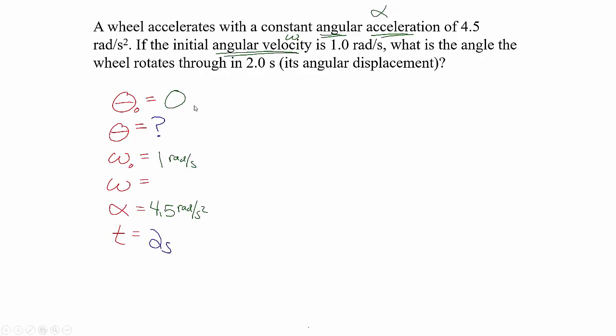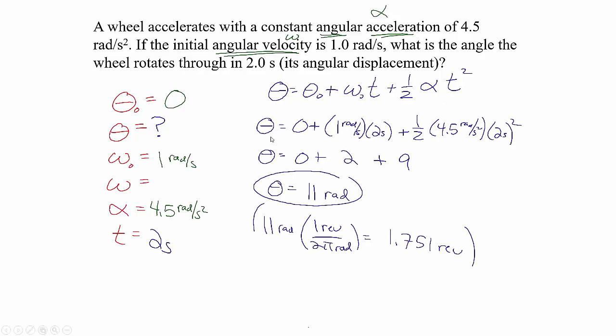So we let the initial angular position be 0. It has an initial angular velocity of 1 radian per second. It has an angular acceleration of 4.5 radians per second squared. And we want to know what angle it has turned through from its starting angular position when t equals 2 seconds. And so we use the kinematic equation that relates position and time, but again, it's the one that relates angular position and time.